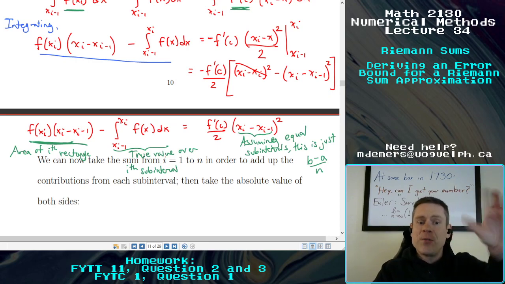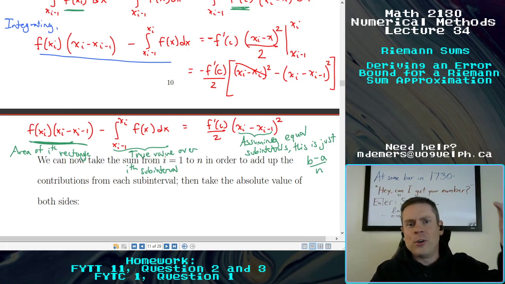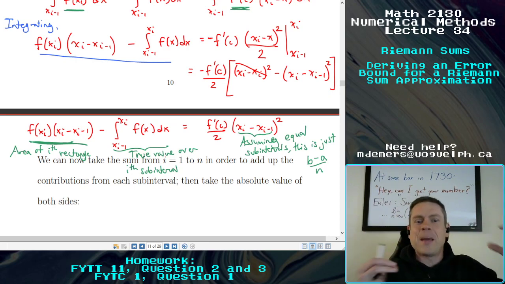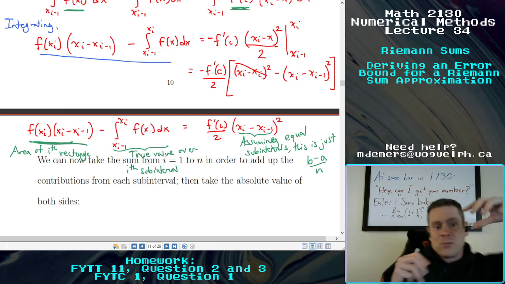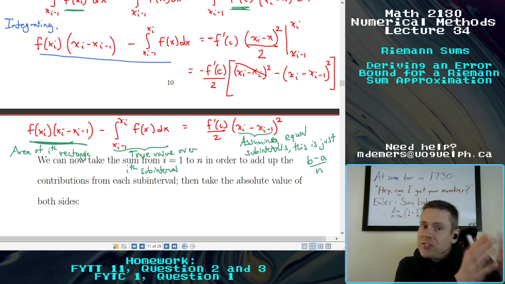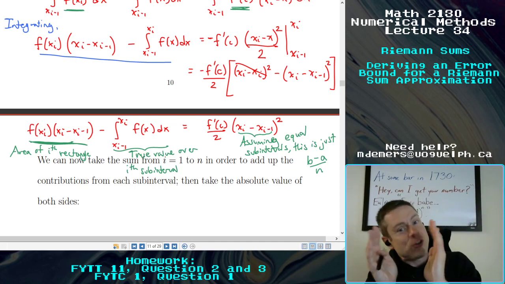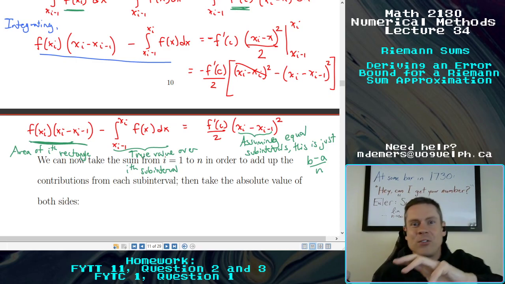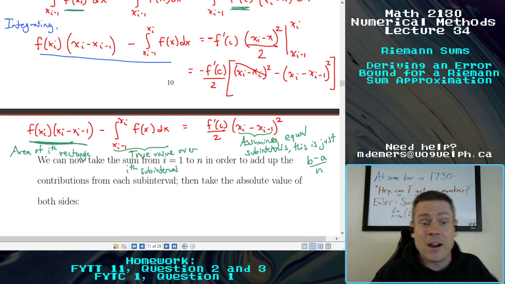It's the true value of the integral over that subinterval. So we've got a difference between those two, and you see what we're doing by doing all these steps. We're deriving some sort of error, because I'm taking the rectangle that's approximating and subtracting the true, and I have this weird quantity that's forming on the right, and that's going to be our error.